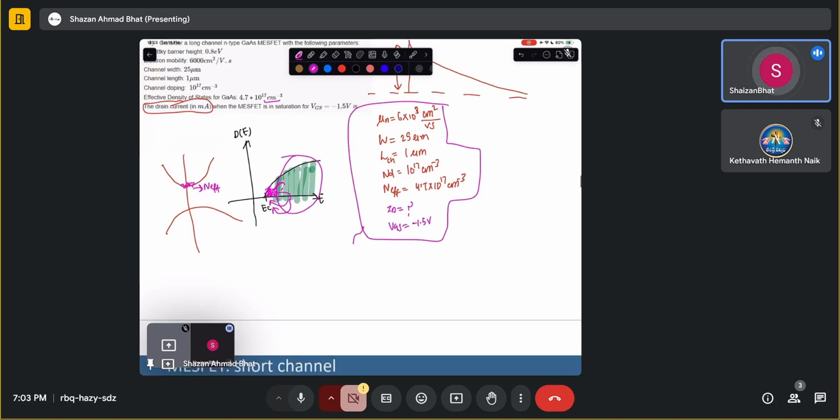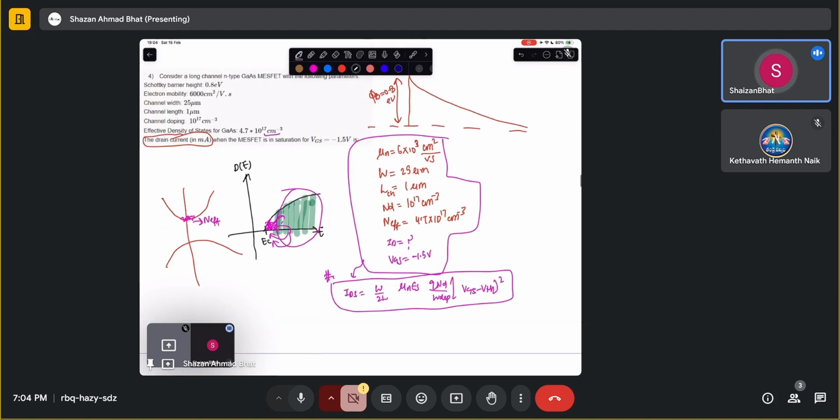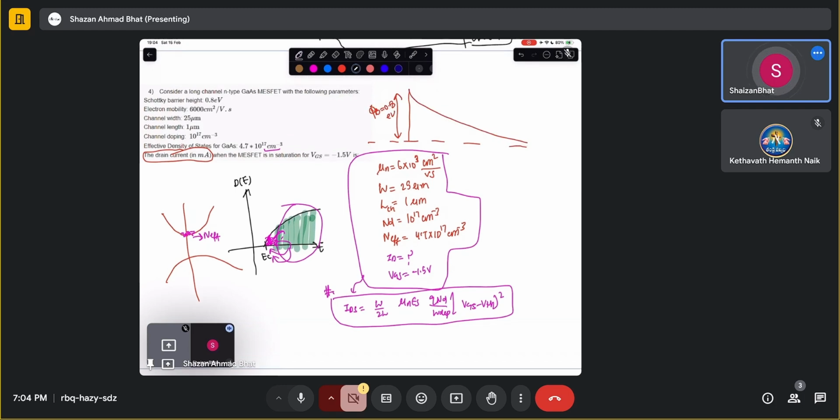The equation is something like this, with mu n epsilon s q n d w dep and VGS minus Vth square. But why it looks like this and what are the quantities we need to find from it? First of all, we will look at the quantities we need.